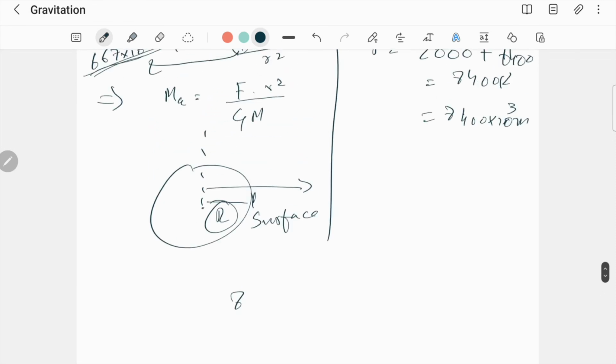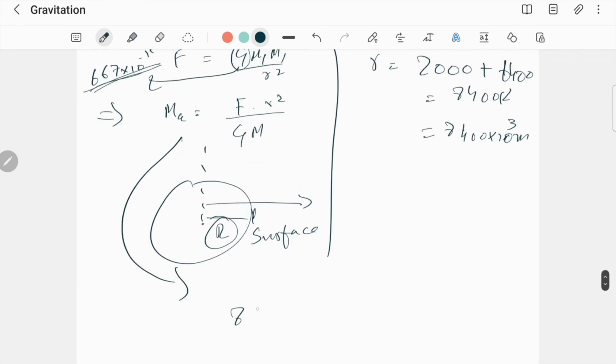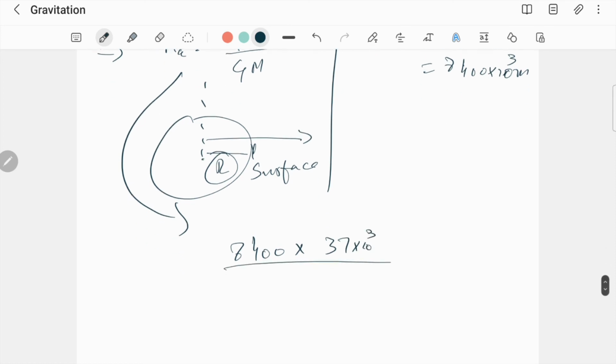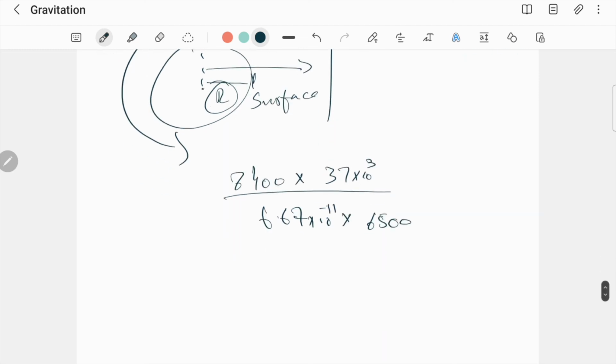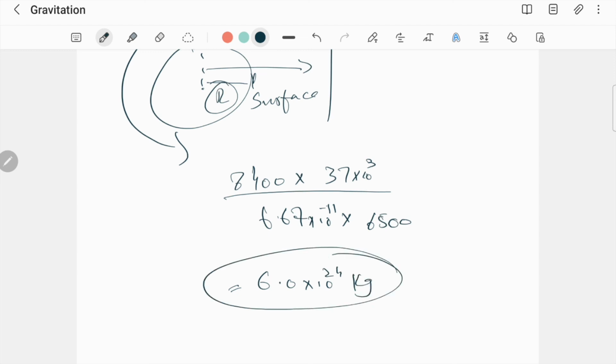Now let's substitute our values using this formula right here, 8,400 into the force of gravity and the gravitational constant, and into the product of the mass of the satellite, and we get the mass of the Earth to be equal to this value.